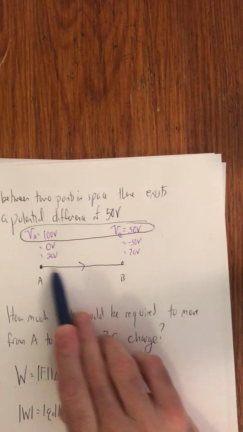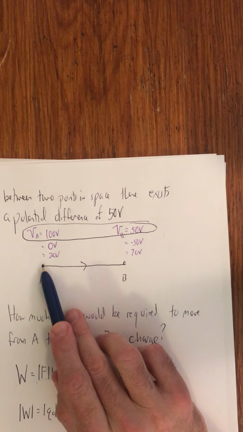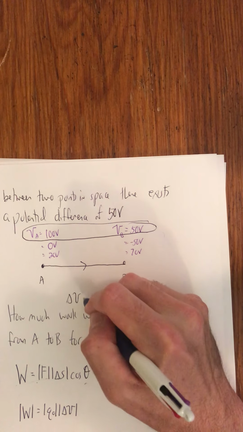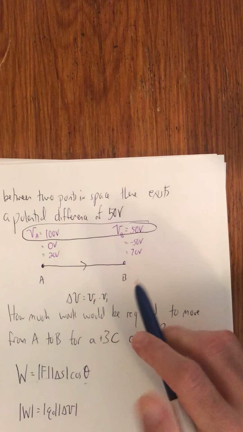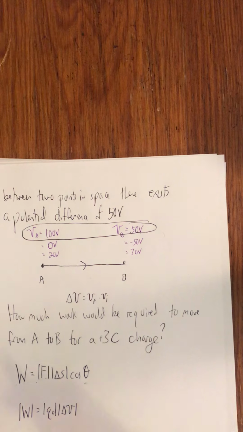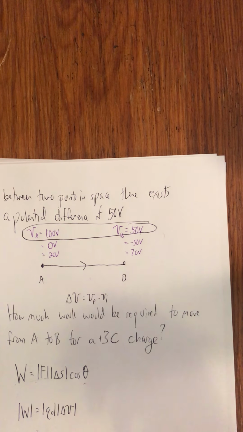Because, right, if I go from A to B, remember, delta is always final minus initial, that would actually be 50 minus 100, or a negative change in potential. But we're not going to get into that because that's going to get too complicated too quickly. When you choose to use signs in all of your charge equations, the whole thing becomes a lot more complicated, beyond what we want to do for an intro course.